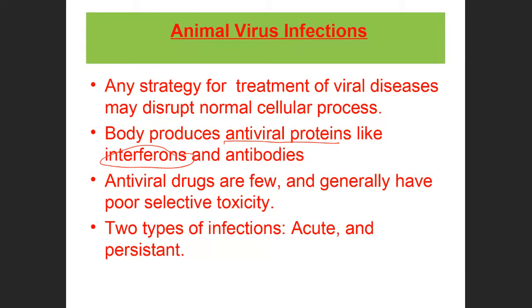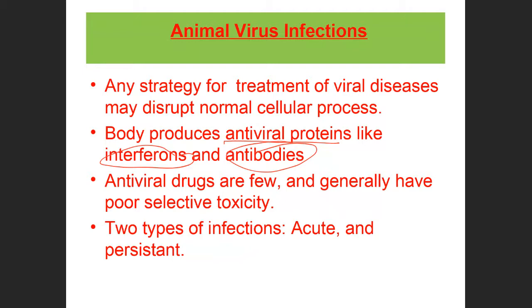Antibodies are immune proteins that will definitely attack or attach to a virus. Because viruses live inside the cells and have very few viral components, antiviral drugs are difficult to come by. They're few, and they generally have poor selective toxicity because you often have to kill the cell to kill the virus.